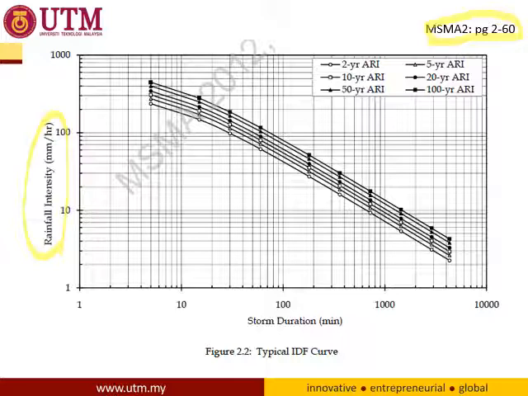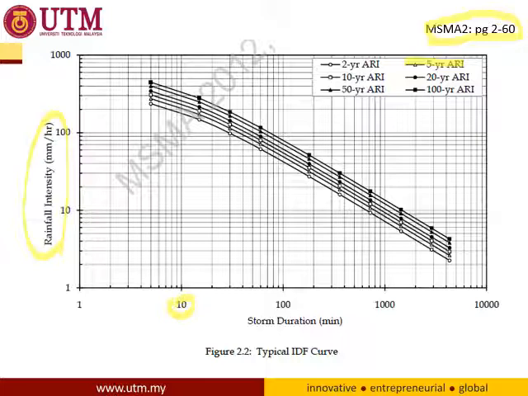You can either create your own IDF curve, or you can use the IDF curve developed by the Department of Irrigation and Drainage. So let's say you want to design rainfall with a storm duration of 10 minutes. You look at the x-axis, and then you want to design it for, let's say, a 5-year return period.